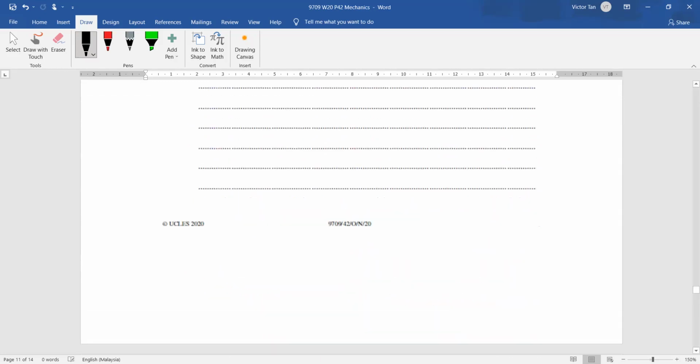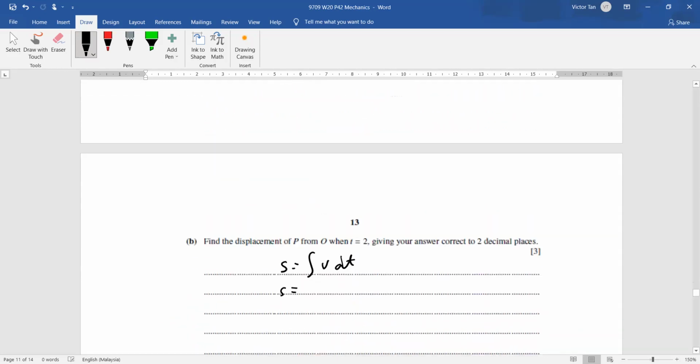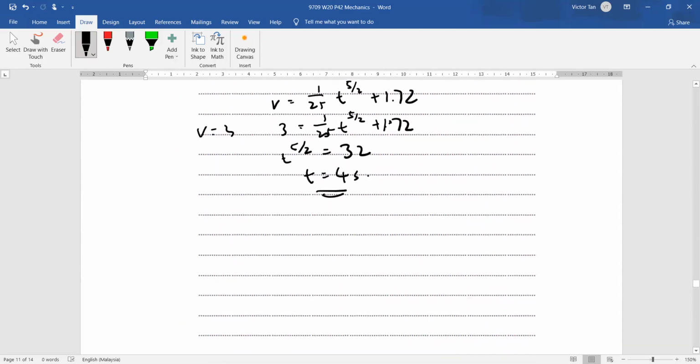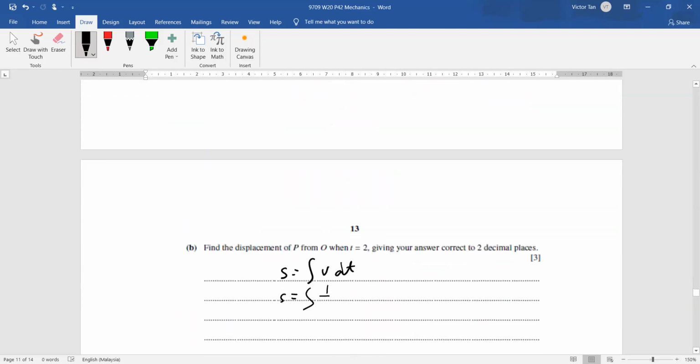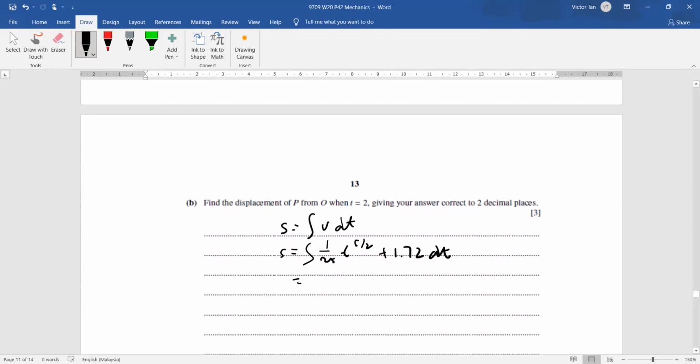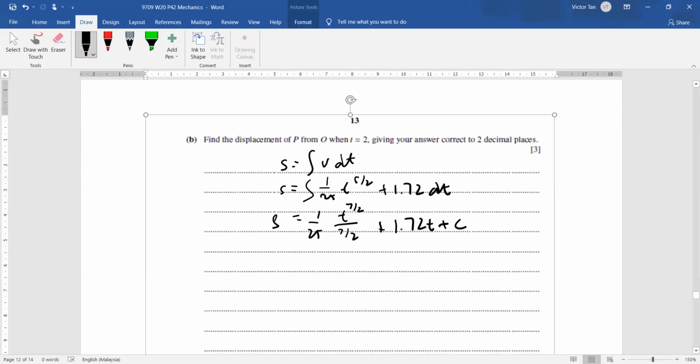S equals 1 over 25 t to the power 7 over 2 over 7 over 2 plus 1.72t plus c. S is 0 at t equals 0, so c is 0.